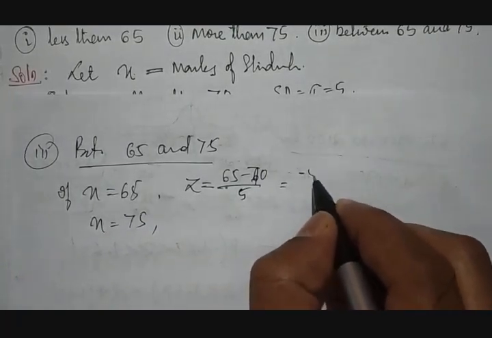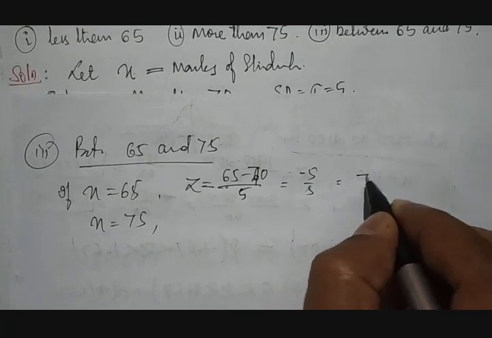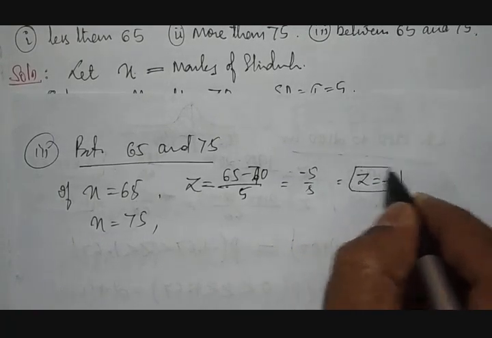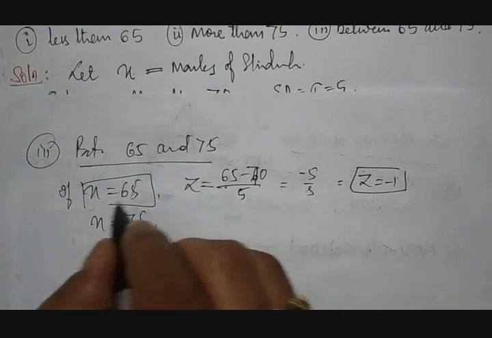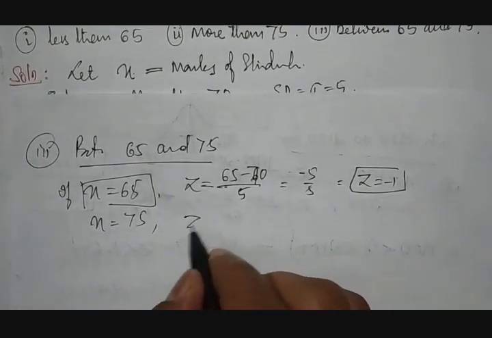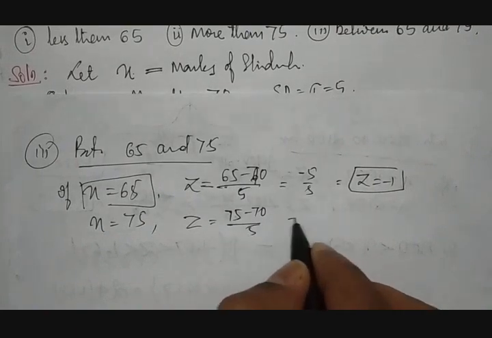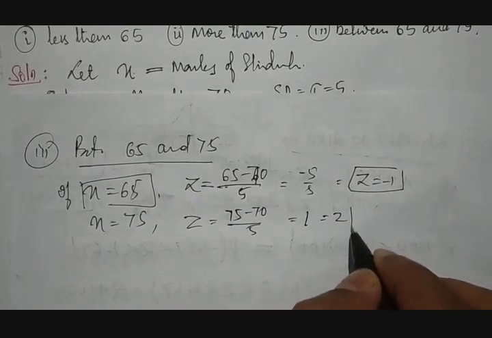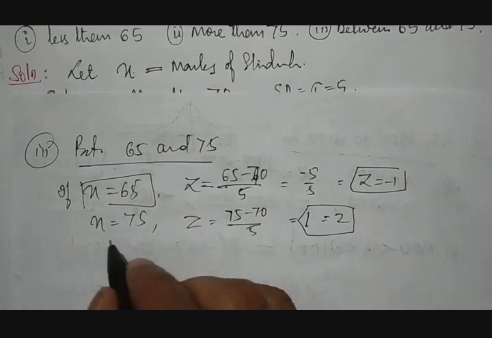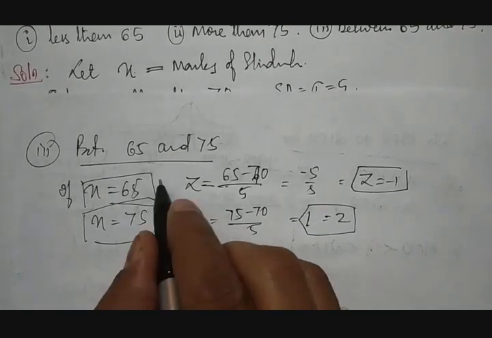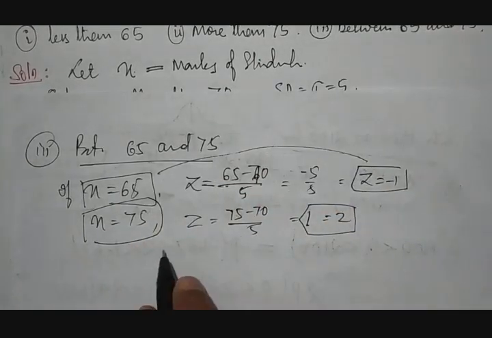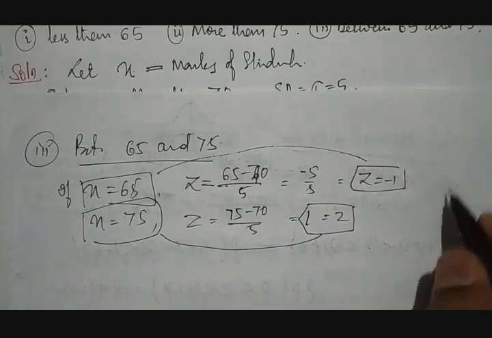So that is minus 5 by 5, which is z equal to minus 1. It is the first case. Fine. Second case, z is equal to 75 minus 70 divided by 5, means it is 1. So z equal to plus 1. Means if x is 65, z is minus 1. If x is 75, z is plus 1.